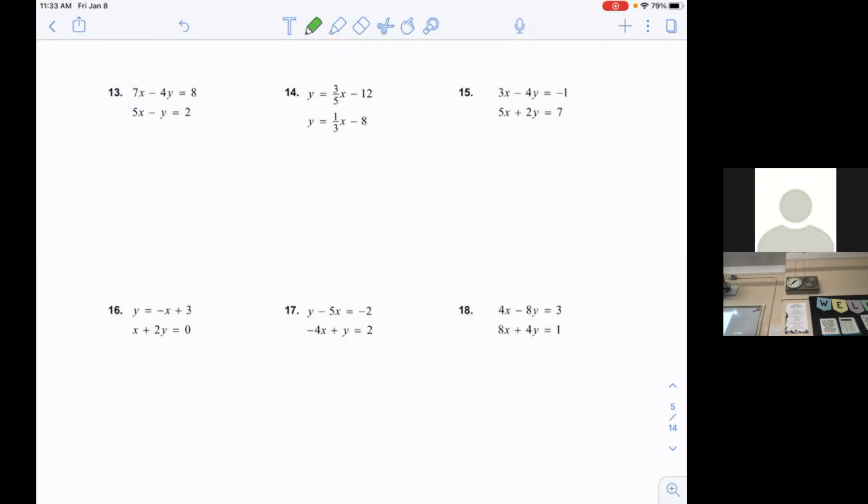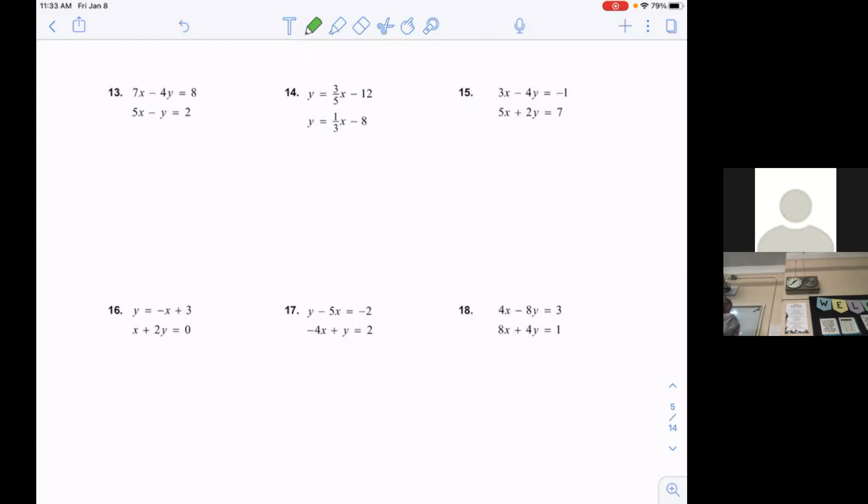Now this one sets up really nice, and we have to choose, but do I want to solve for that x, that y, this x, or this y? Which one am I going to solve for? I'm going to solve for this y right here because it has a coefficient of 1. If I can get to a coefficient of 1, that just makes things easier because I can probably avoid using fractions.